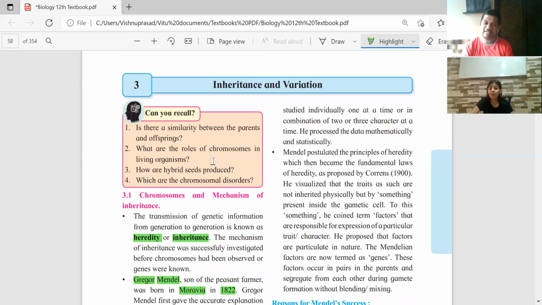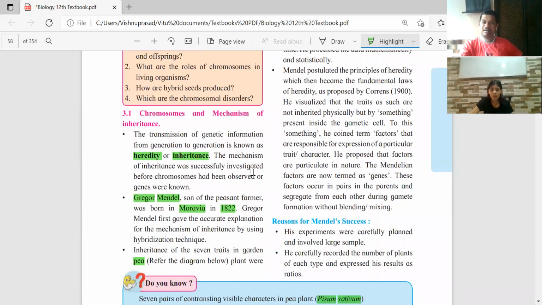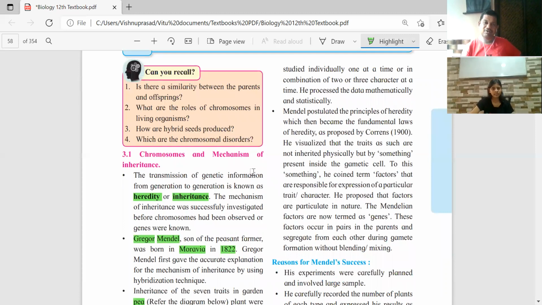So, to answer his own curiosity, he did the experiments and kept a written record of whatever he did and whatever he got. And that's the reason Gregor Mendel is known as the father of genetics.